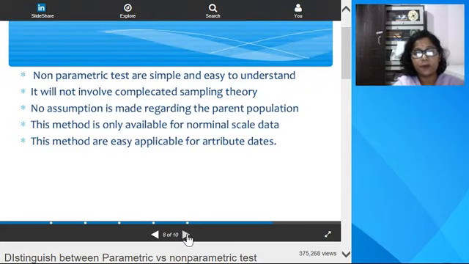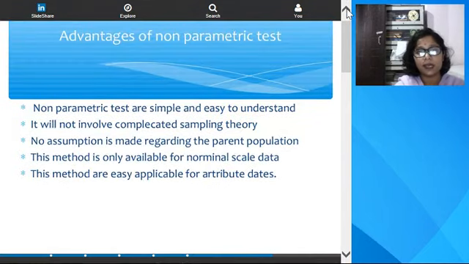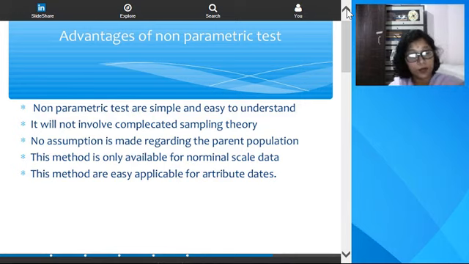Now I am going to mention certain advantages of non-parametric tests. You all know that parametric tests are more powerful. I have just stated the point. Parametric tests are more powerful because they are based on interval scale and ratio scale, which have all those qualifications of nominal and ordinal scale also.